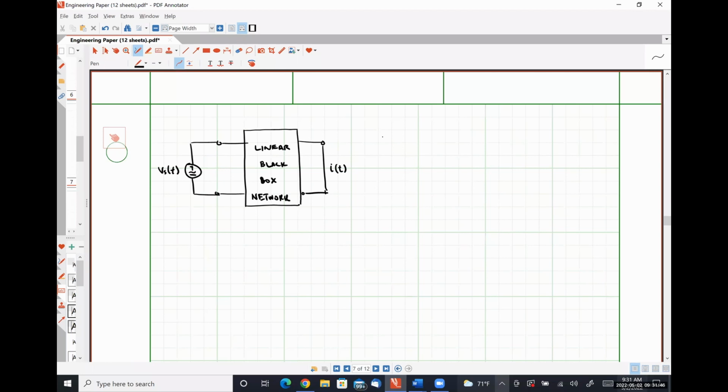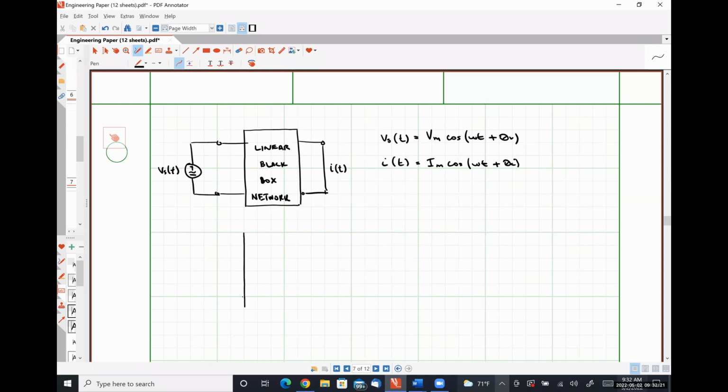So we found that if Vs of t was of the form Vm cosine omega t plus theta v, our response I of t was of the form Im cosine omega t plus theta I. It took us a rather long time to do this in the time domain, but we accomplished it.